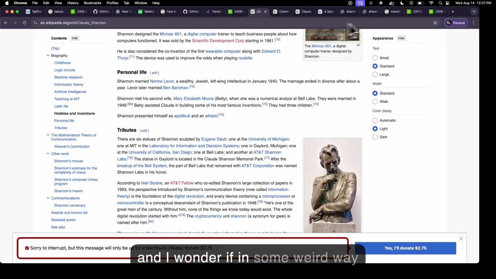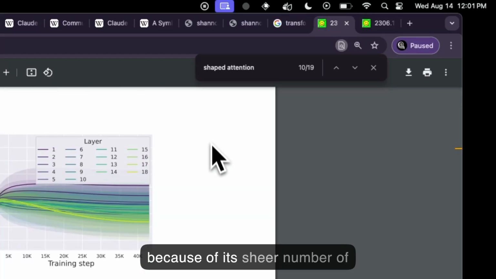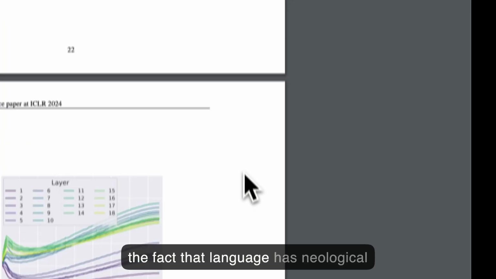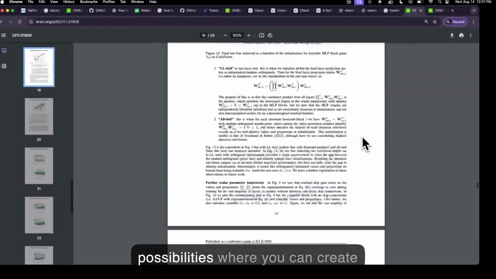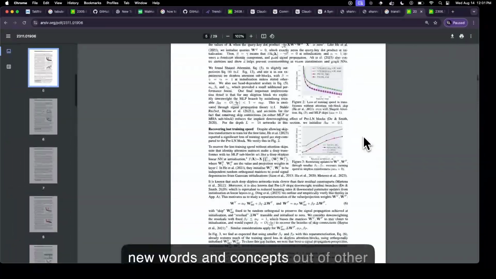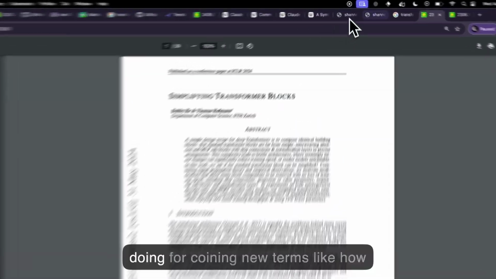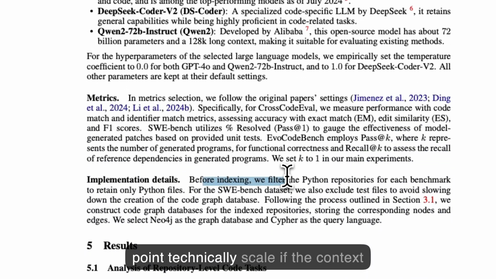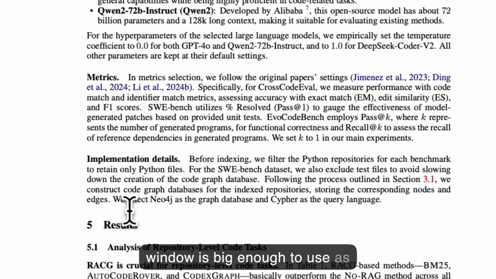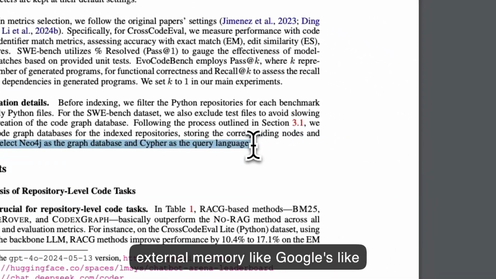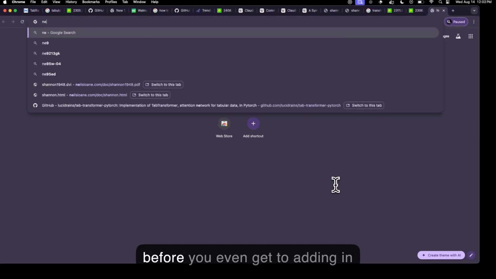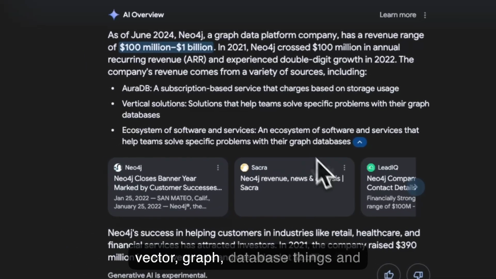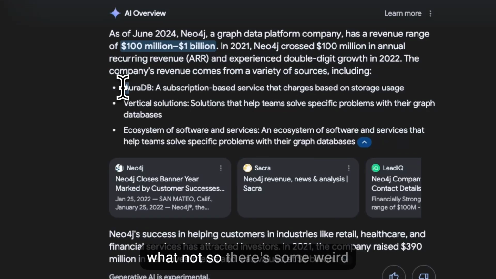And I wonder if in some weird way, because of the sheer number of possible connections in language and the fact that language has neological possibilities where you can create new words and concepts out of other ones, which LLMs are really good at doing for coining new terms, how much does that information density point technically scale if the context window is big enough to use as external memory, like Google's million token context window stuff, before you even get to adding in vector, graph, database things and whatnot.